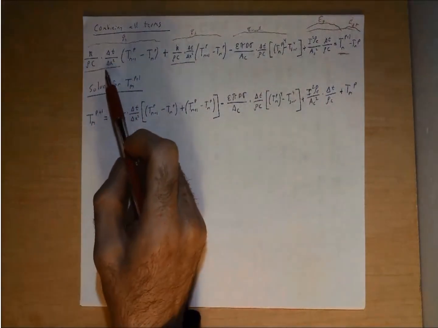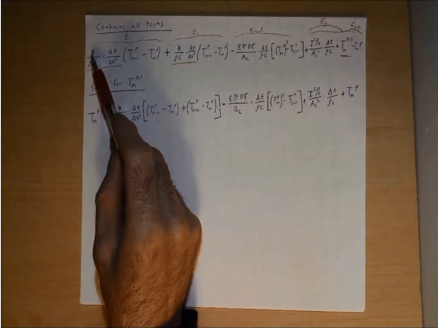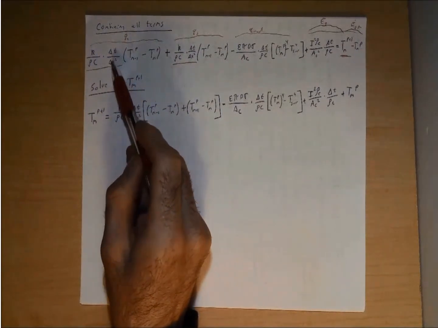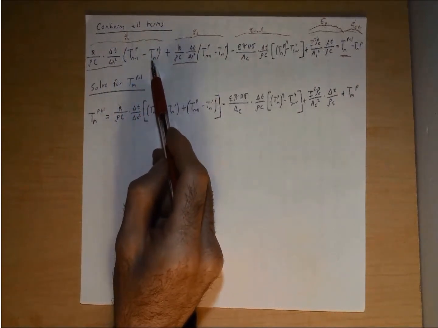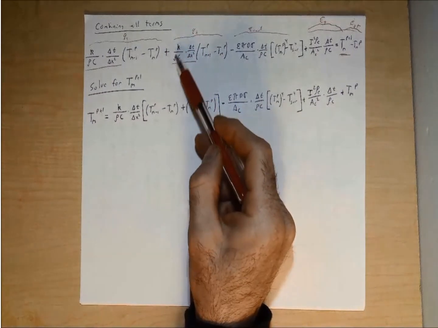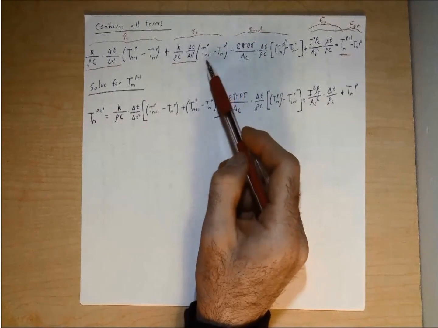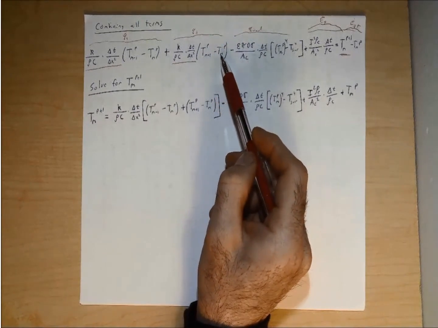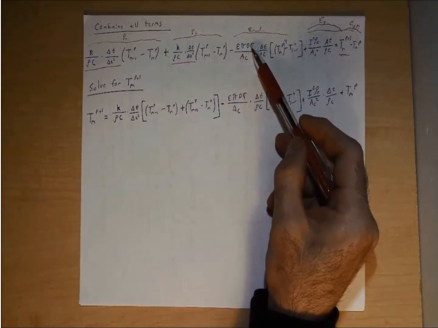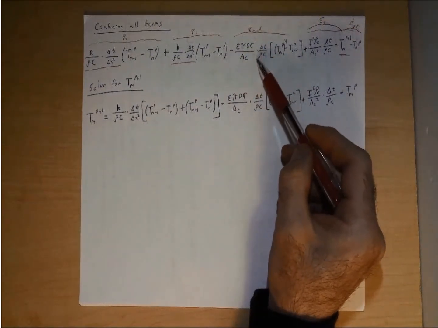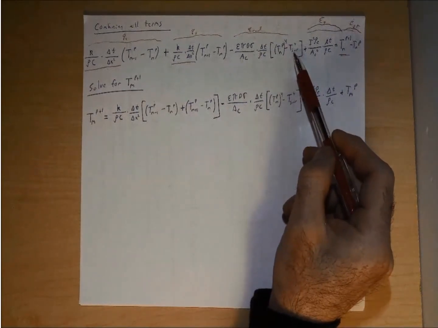Once we divide through by the denominator, here's our term for Q sub A. Over here, we have K divided by rho C times delta T over delta X squared times our temperature difference between node M minus 1 and node M. And we have our Q sub B term, which is K over rho C times delta T over delta X squared times our temperature difference between node M plus 1 and node M. And we have our radiation term over here, where we have epsilon times pi d sigma over AC times delta T over rho C times our temperature difference between node M to the fourth minus our surrounding temperature to the fourth.